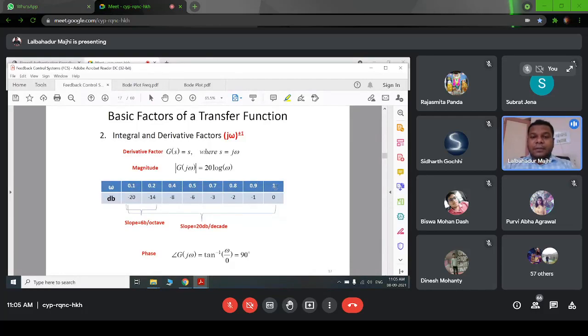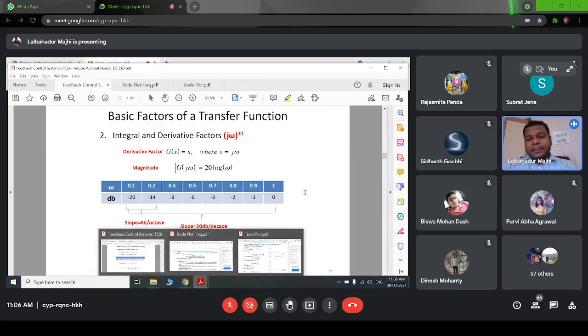Similarly, when omega equals 1, we get the magnitude 0 dB. So in one decade, there is a change of plus 20 dB. For a zero, the slope of the magnitude curve will be 20 dB per decade, or 6 dB per octave.